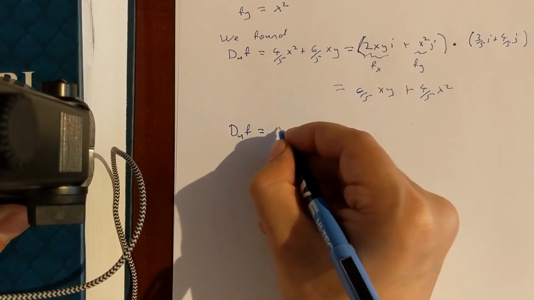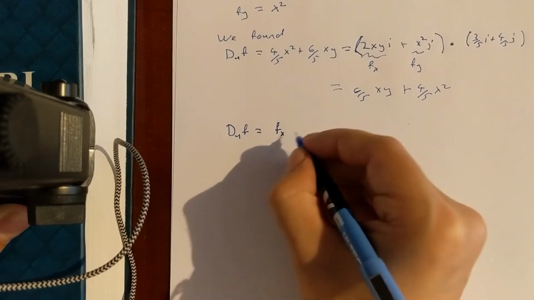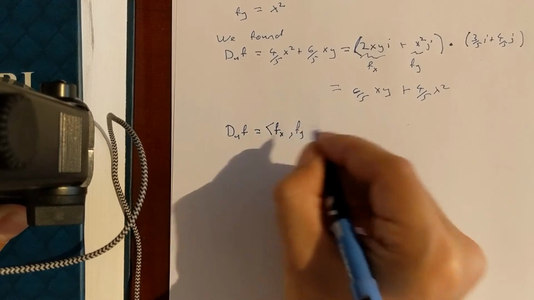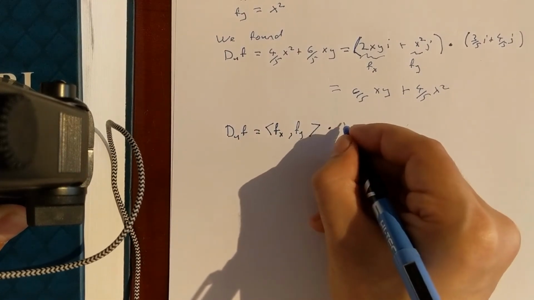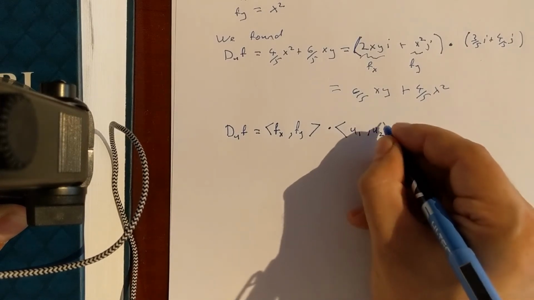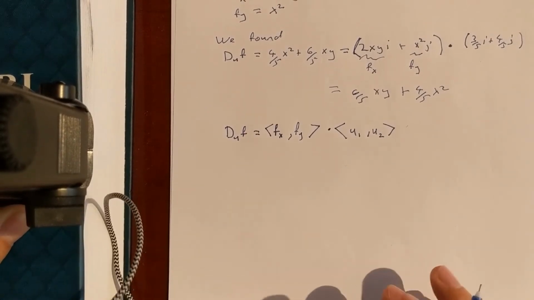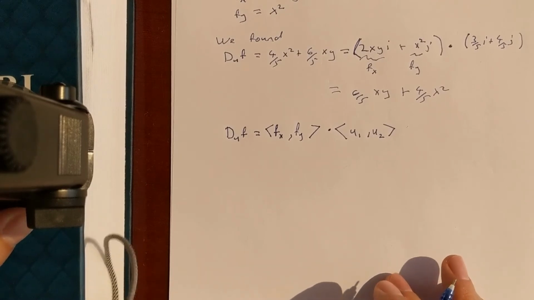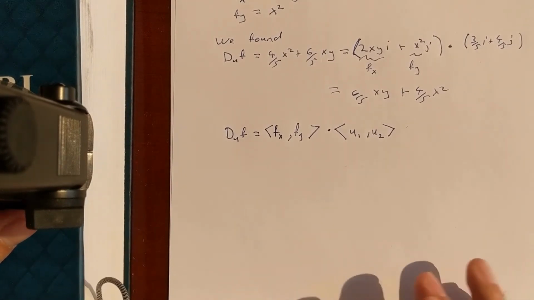D_u f is going to be f sub x, f sub y as a vector. Remember, this meant f sub x i plus f sub y j, dot product with u1, u2. It's just that. So this is much nicer and much faster than calculating the derivative by hand from the definition.